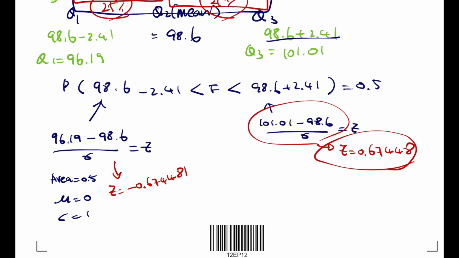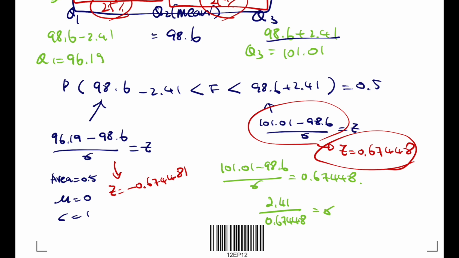That means using this Z value and one of the equations that we already set, we can calculate the standard deviation value. So (101.01 minus 98.6) over the standard deviation is equal to 0.67448. Then we can set 2.41 over 0.67448, and this equals the standard deviation, which is actually the D value.